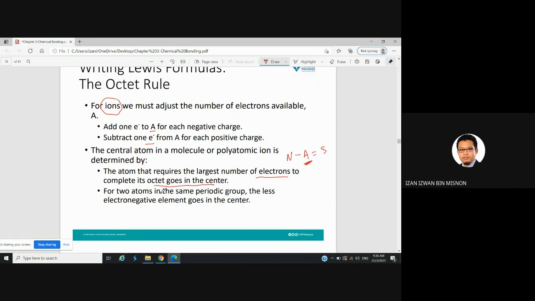But for two atoms in the same period group, the less electronegative element goes to the center. For example, carbon, silicon, and so on: going up the period will be more electronegative, meaning the less electronegative element is the one further down the period.